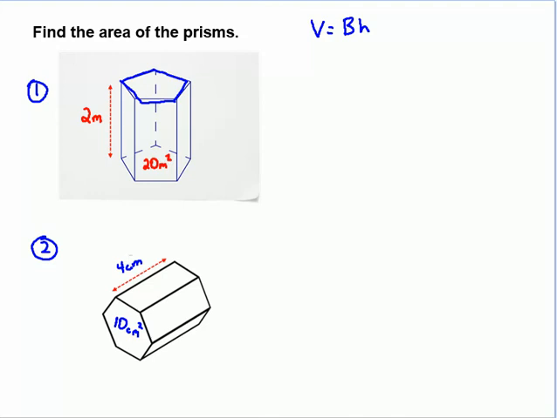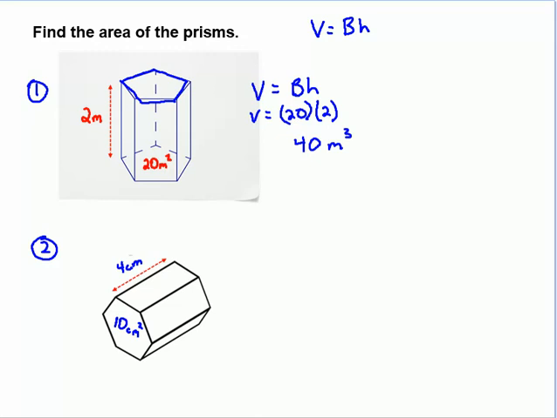We can tell because it's in meters squared. And we know that the formula is V equals BH. So the base is 20 meters squared, and the height is 2 meters. We can find the volume by simply multiplying those together. Our volume then is 40 meters what? It's meters cubed because it is volume. Please remember that volume is in meters cubed.